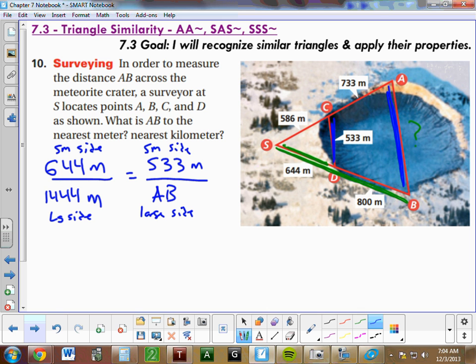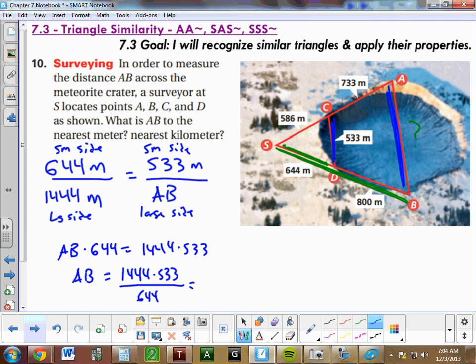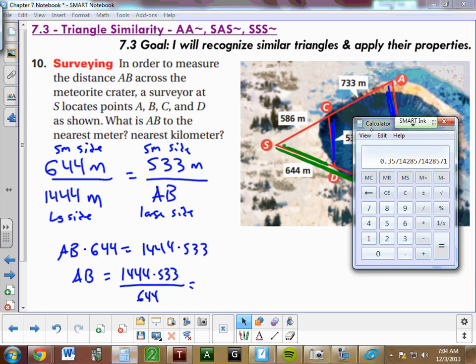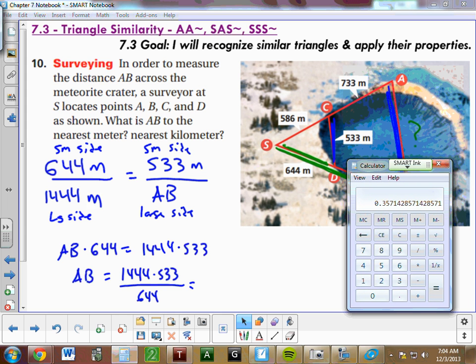Let's just calculate that. So I can cross multiply: AB times 644 equals 1,444 times 533. If I divide, AB is whatever this is in meters. So let's check that out. It should be 1444 times 533 divided by 644.